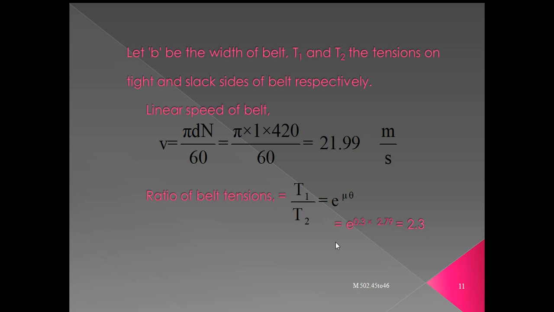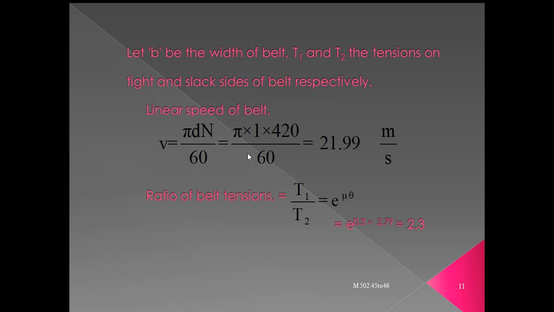Here, linear speed of belt V equal to pi dn by 60, equal to pi into diameter of the pulley, 1000 mm, that is 1 meter, into 420 by 60.